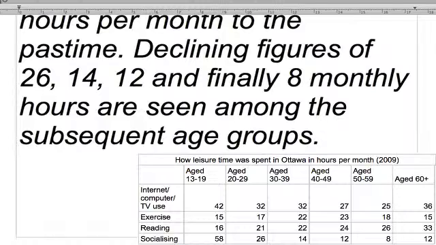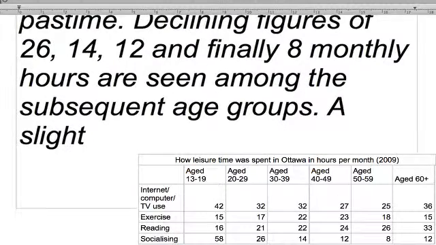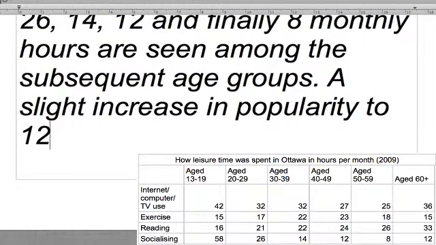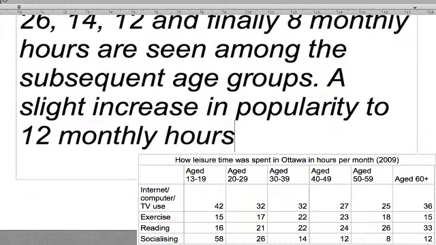Okay, now we just want to qualify that the number of average monthly hours goes up slightly for those 60 years and older. So a slight increase in popularity to 12 monthly hours was.